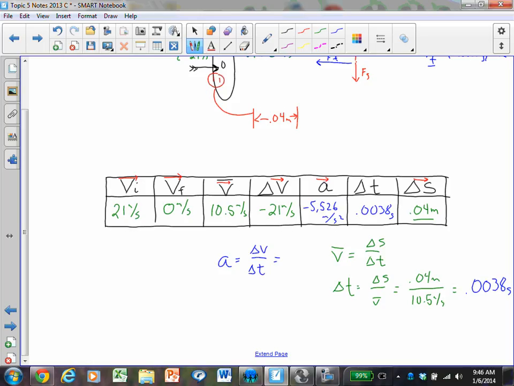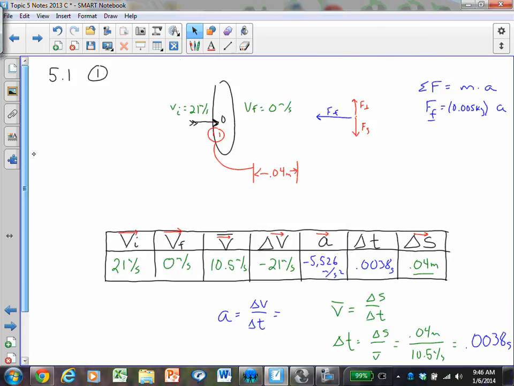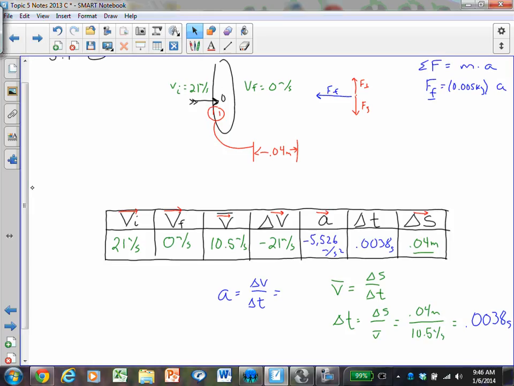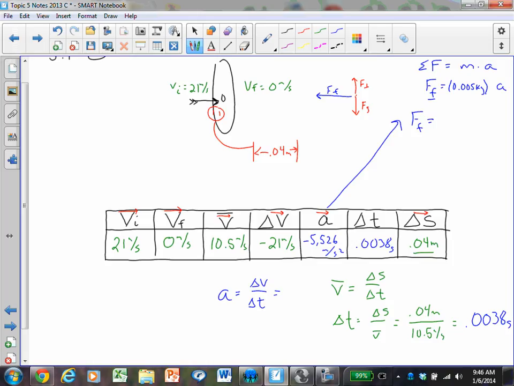So now we have our acceleration. We can come up here and see what that net force is, because we'll take it up and plug it in and use it up here. So 0.005 kilograms times 5,526 meters per second squared.